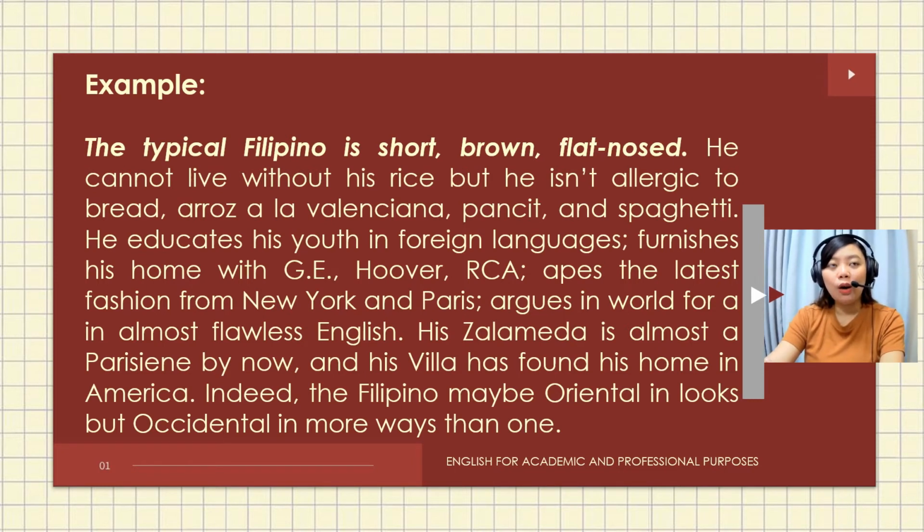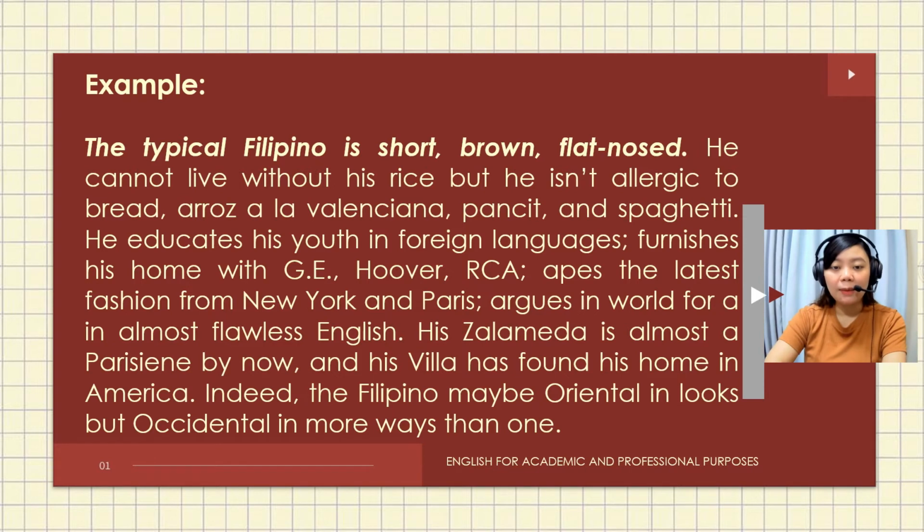Since you are going to answer a prompt, or relay your answers for a particular topic, and follow an inductive format, from specific to general, the specific ones usually contain your thesis statement. So in this example: the typical Filipino is short, brown, and flat-nosed. He cannot live without his rice, but he isn't allergic to bread.